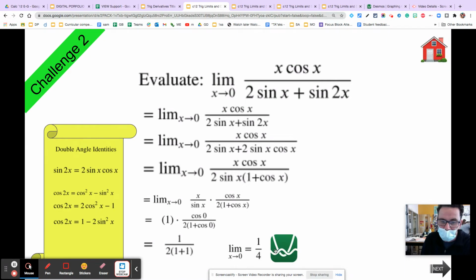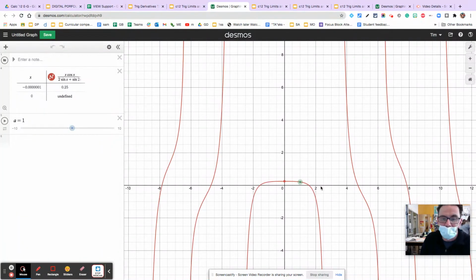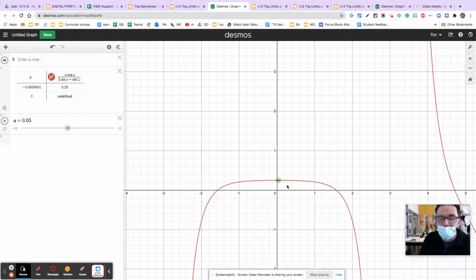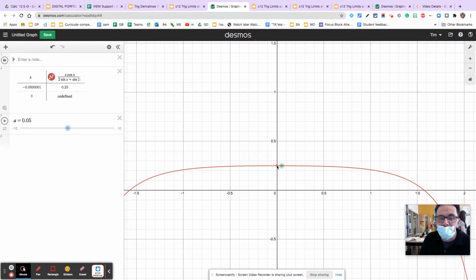When we look at the graph of that, which we should, just to round out our understanding, as x goes to 0, we can see that this is getting pretty close to 1/4, which we can see there, and that's what it is.